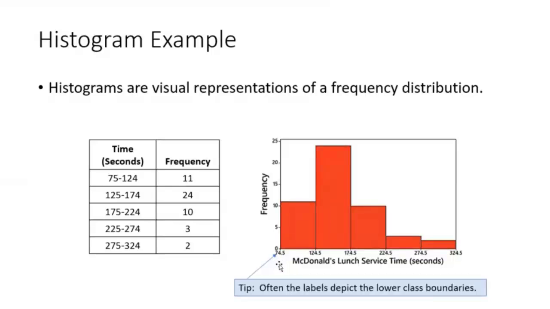But if you see over here, this says 74.5, and yet in our frequency distribution, the 74.5 wasn't there, the number was 75. So 124 goes in the first bin, but 125 goes in the second bin, so the line gets drawn right in between them, and this line between the first and second bar on the histogram is at 124.5.